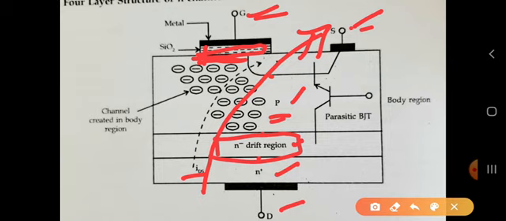The positive terminal is given to the gate and the negative terminal is given to the source. So this power supply will attract the electrons which are in the N minus drift region, from here towards the bottom.